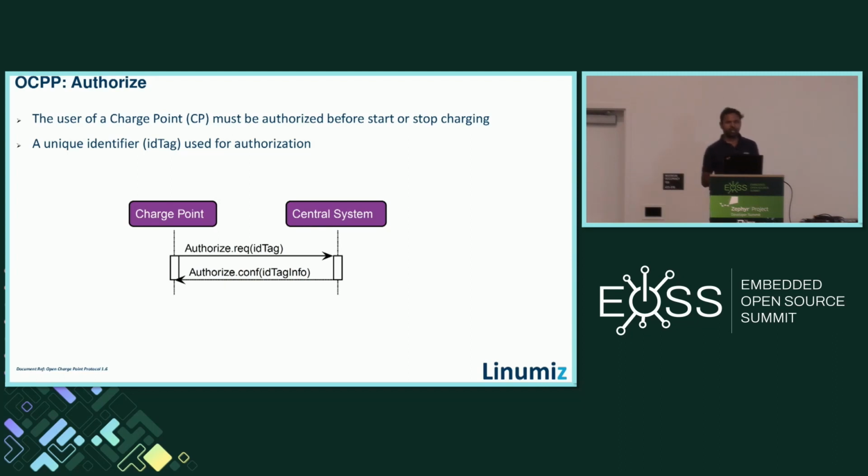Otherwise, there are other mechanisms, like a smartphone mobile application or a web browser, used with a virtual ID directly. It can start communicating with the central system, and then the central system will authorize the user. When the user gets authorized, he can start charging his vehicle after connecting the connector from the charging station into the EV.